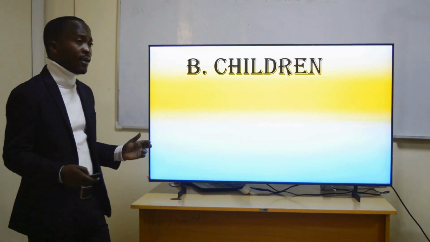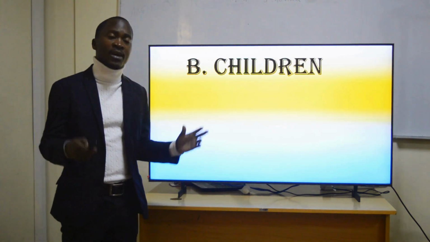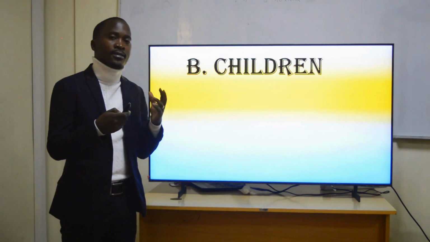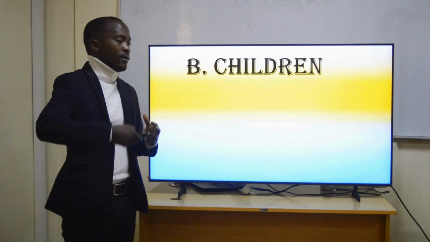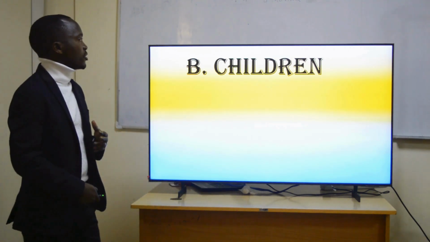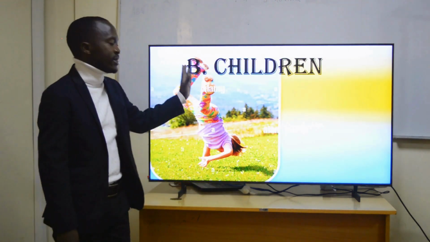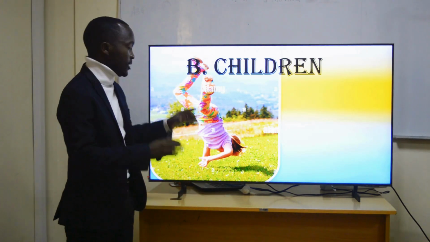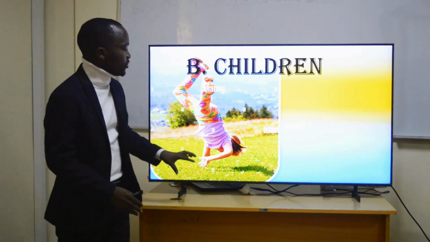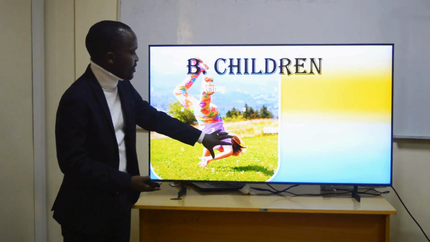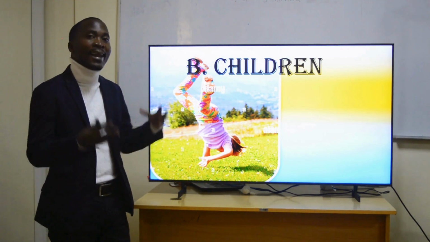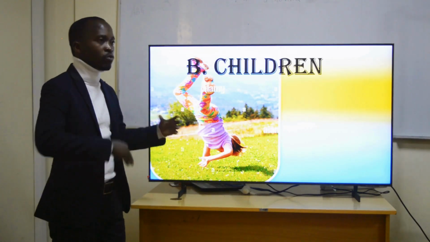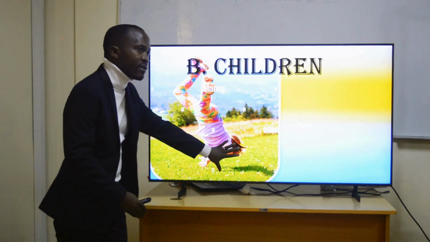For children, most of the time, regardless of the height and the size of the child, they land with their head first. And this is so because most of the children, the pediatric, their head is proportionally larger than the rest of their body. That's why most of the time they land with their head first.